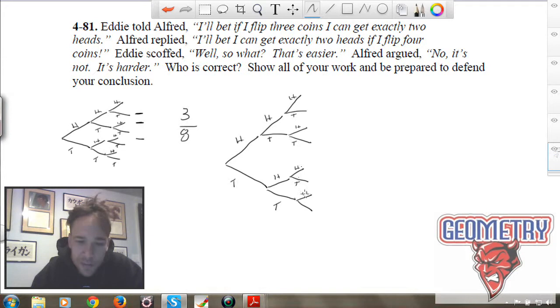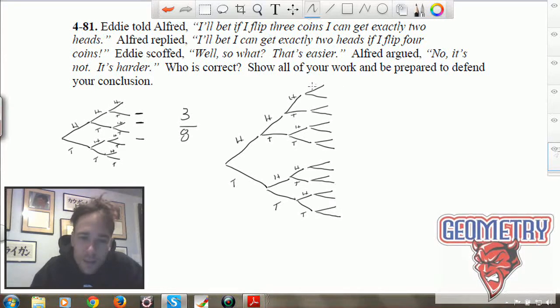I'm gonna draw a tree diagram, right? There's only 2 choices for each of these. Okay, top one's head, bottom one's tails. I'm gonna use an end here.